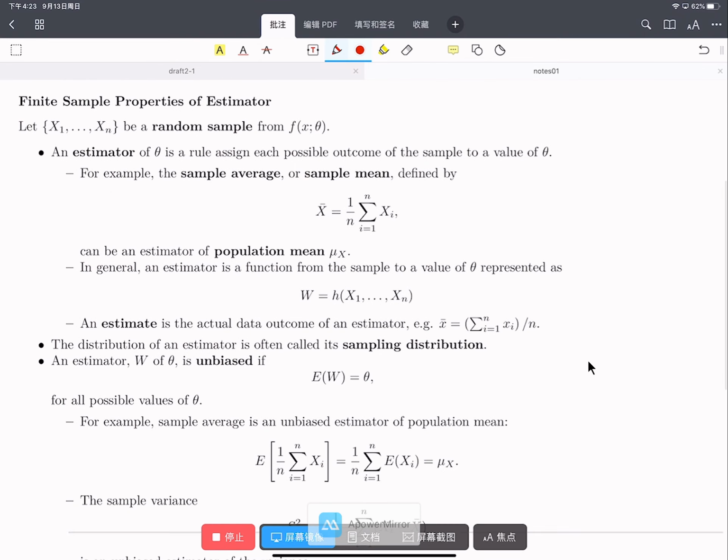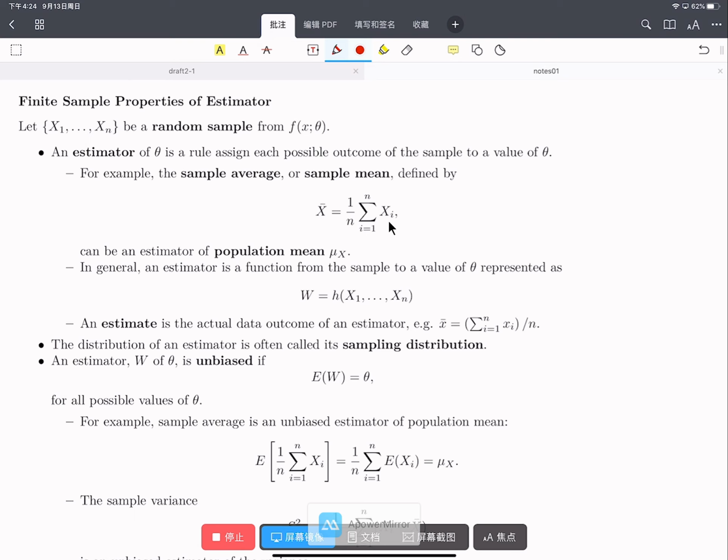So how can we form a rational guess of the average wage, the parameter that we are interested in? For example, if we are interested in the average wage of all the workers in the factory, and we have a random sample of 100 workers, we take the sample average of their wage.